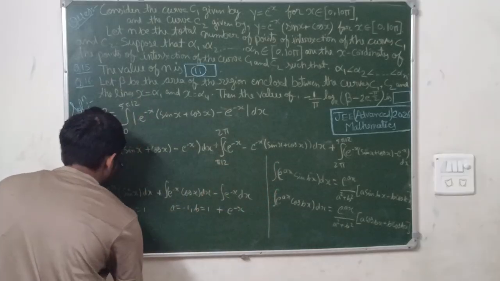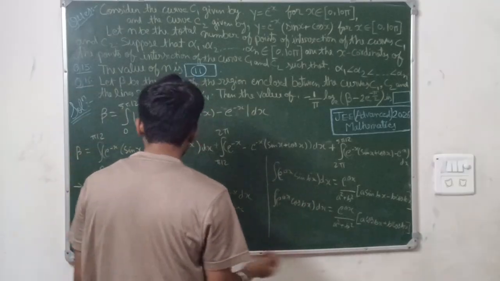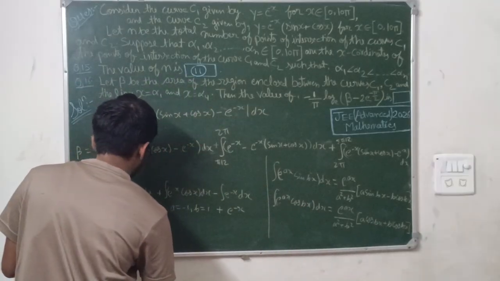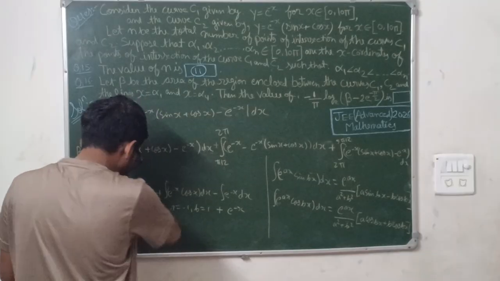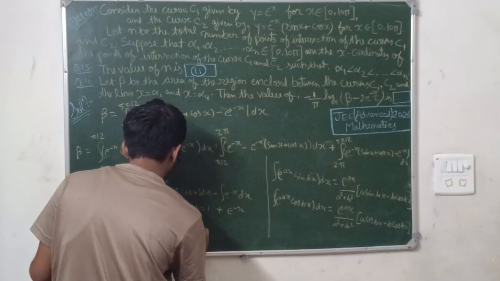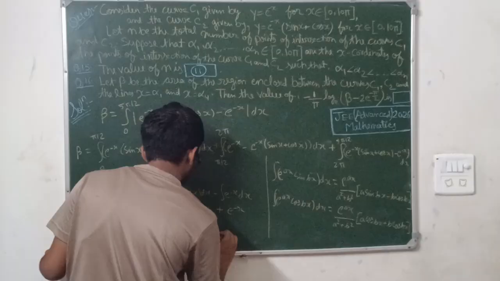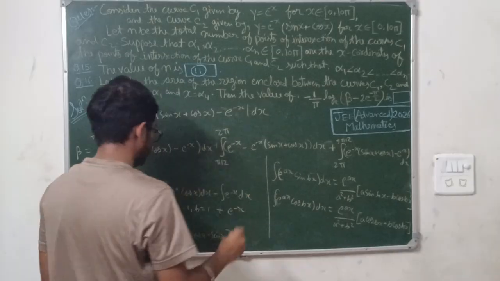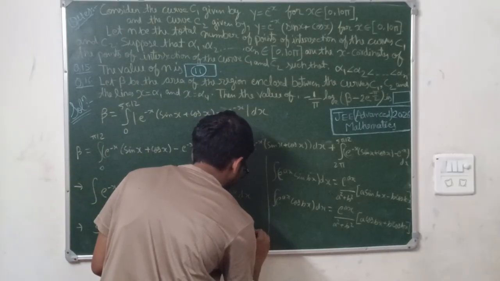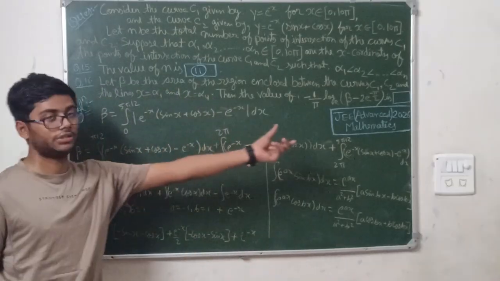Minus sin bx means minus sin x and minus cos bx means minus cos x. And for this it would be e to the power minus x by 2 times (minus cos x minus sin x), and plus e to the power minus x.